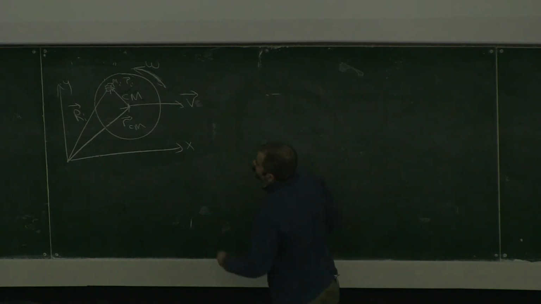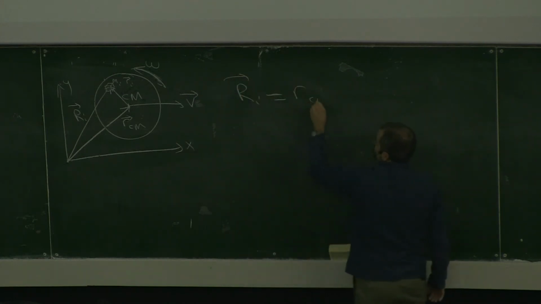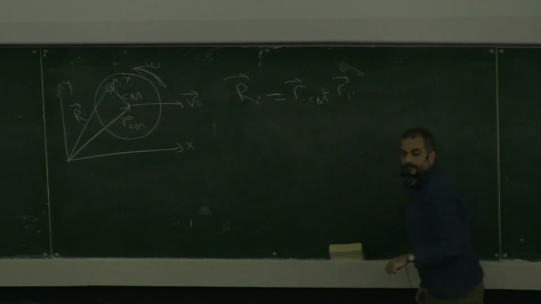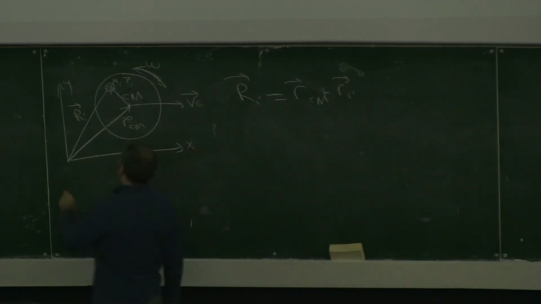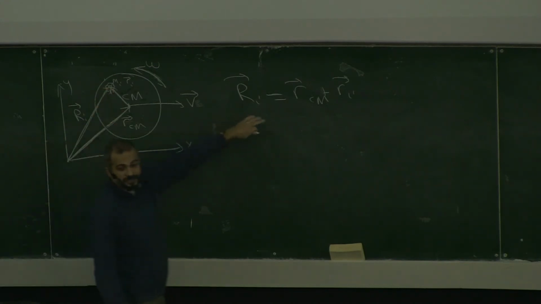What do I know? That Ri is nothing but the center of mass plus the small ri, because I can just go from this origin to my point straight, or I can first take this vector and then take this vector. I reach the same point. So those two vectors have to be the same.